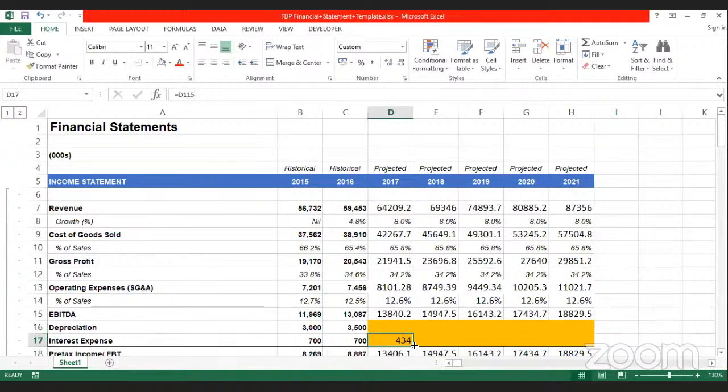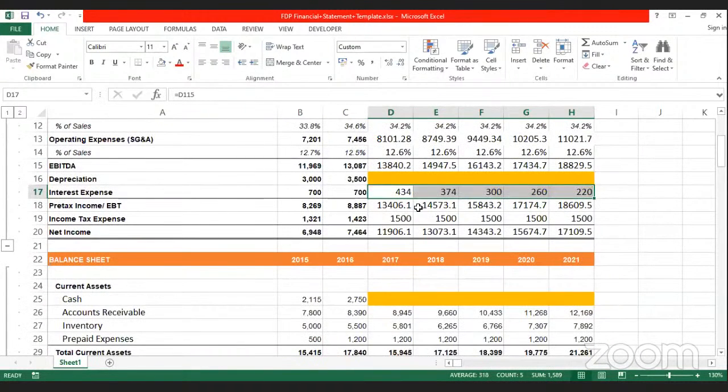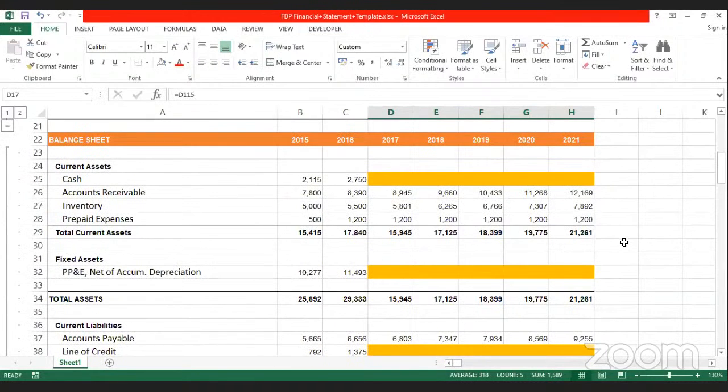I'll just drag this so that whatever the figures are there will get reflected. Now I'll remove this so that it comes to normal. We have already inserted the amounts.